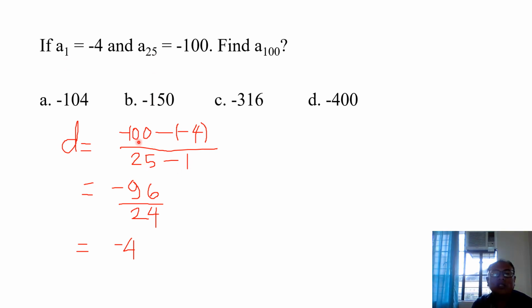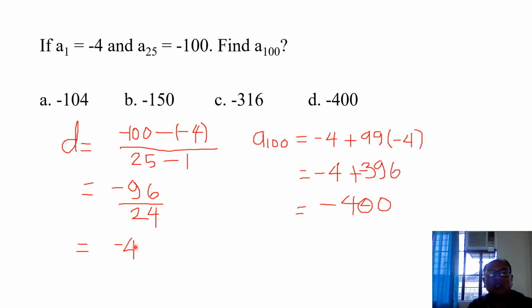And then negative 100 minus negative 4 is equivalent to negative 96. Because we are going to add this one or simply multiply this one, it will become positive. Okay, so that is 25 minus 1 is 24. Then dividing negative 96 by 24, the answer is negative 4.